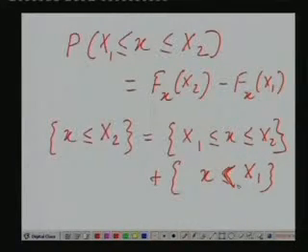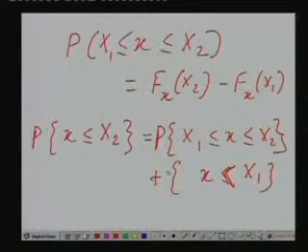These are two disjoint sets. In one case, small x lies between x1 and x2, another case x lies below x1, and their union gives rise to this set. So, the probability of this, since these are disjoint, can be written as the probability of this plus the probability of this.